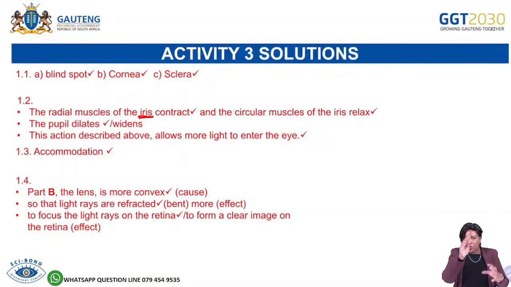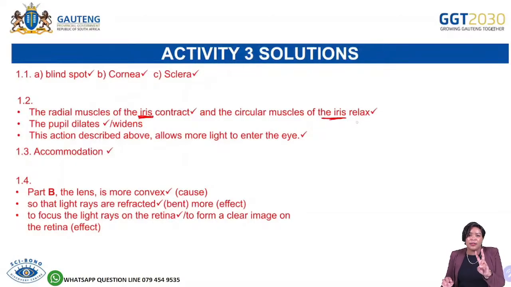Vedika showed you a very nice diagram of which muscles are the radial muscles and which are the circular muscles. The radial ones, going diagonally like this, are going to contract. Remember even that mnemonic? And then the circular muscles of the iris are going to relax.